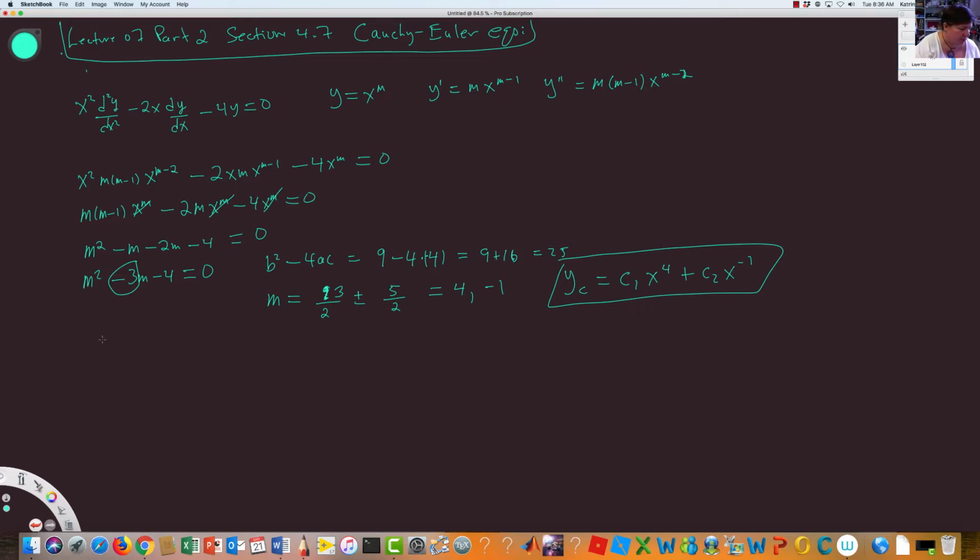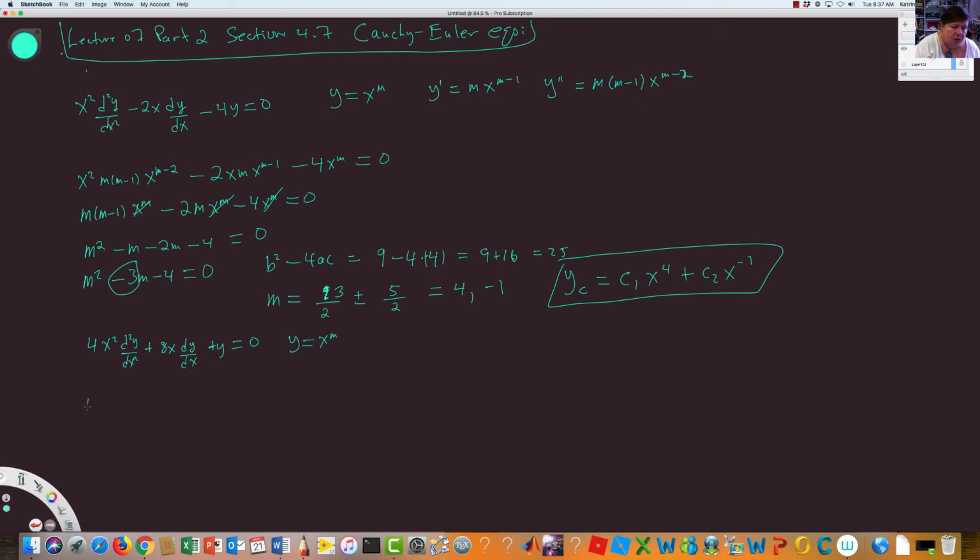And we'll try to see if we can do it down here. So we get 4x squared d squared y dx squared plus 8x dy dx plus y equals 0. Okay. So let's put in our x to the m, right? Our y equals x to the m is our guess. Again, the derivatives are up here, so I'm just going to use those. Okay.